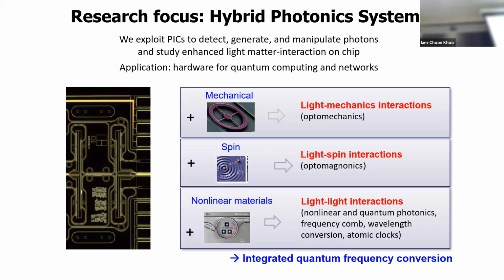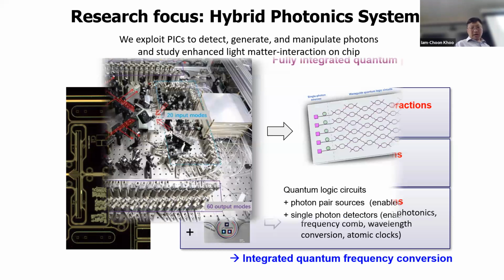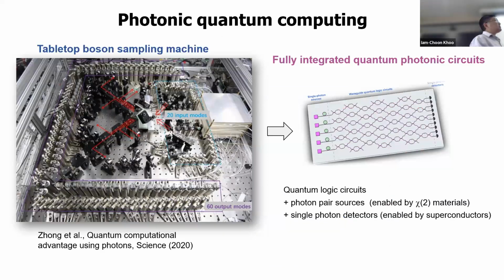So today I'm going to focus on this topic of integrated quantum and nonlinear photonics, with special emphasis on integrated quantum frequency conversion. The major motivation for building a photonic quantum chip is its scaling advantage.